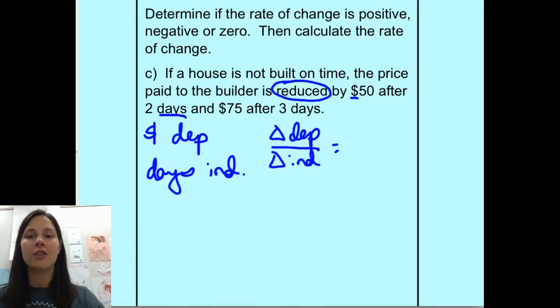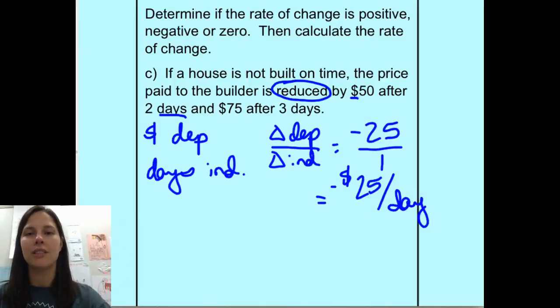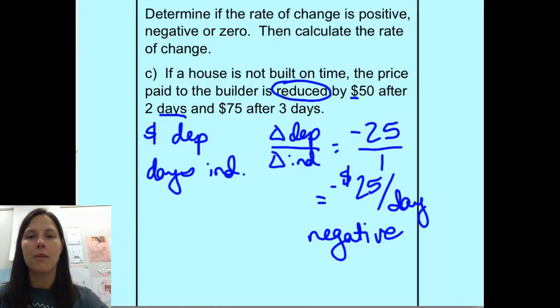So the change is going from losing 50 down to losing 75. So it's actually a change of negative $25 that the builder is not being paid. And the days went from 2 to 3, so there was a change of 1 day. So the builder will lose $25 per day that he does not have this house built on time, which makes our rate of change negative. The amount of money paid to the builder goes down as the days past due go up.